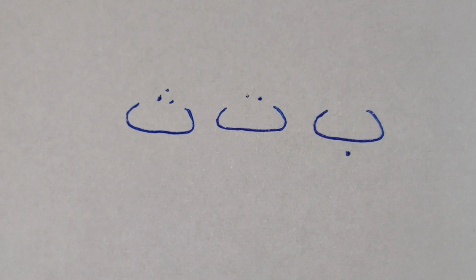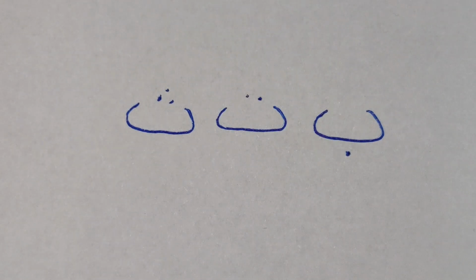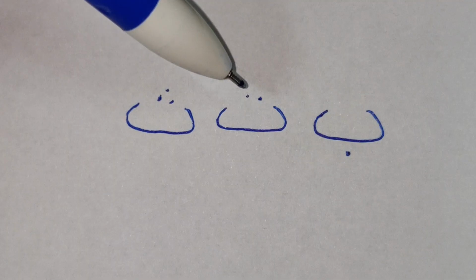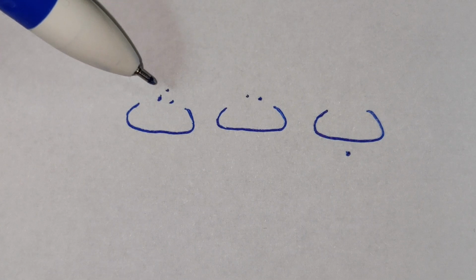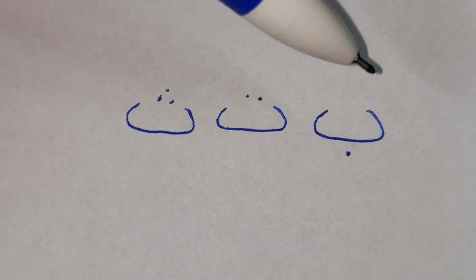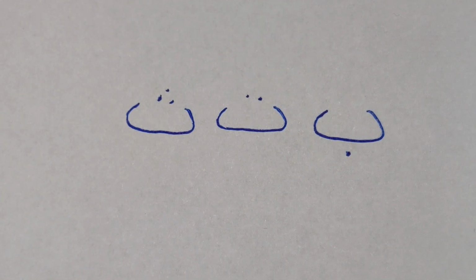Ba has one dot below, ta has two dots above, and tha has three dots above. Ba, ta, tha.